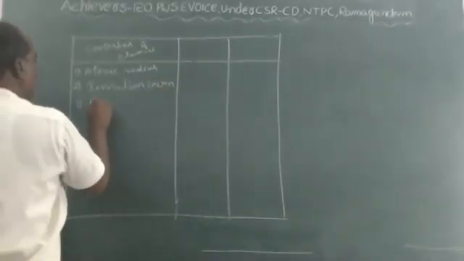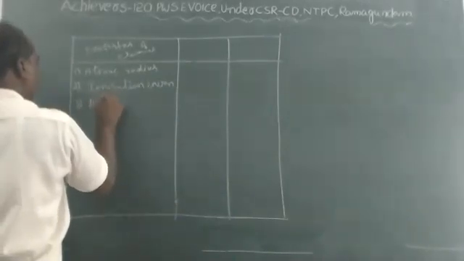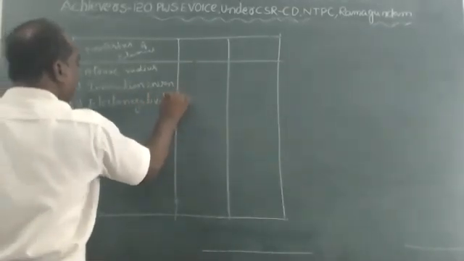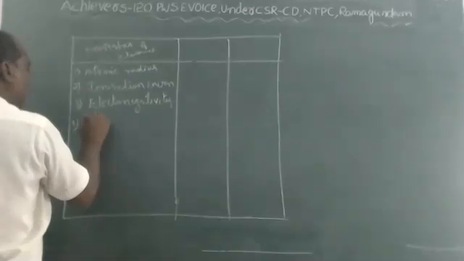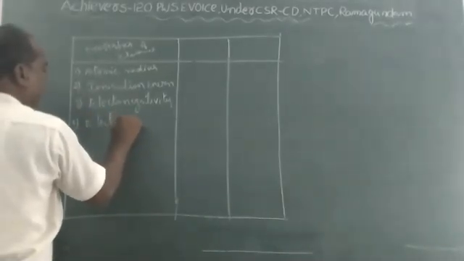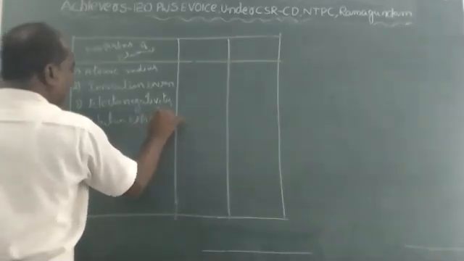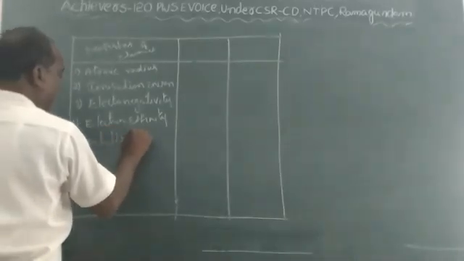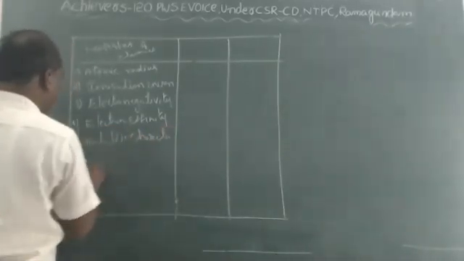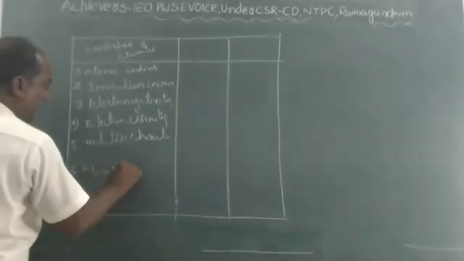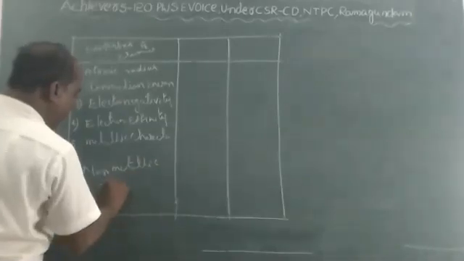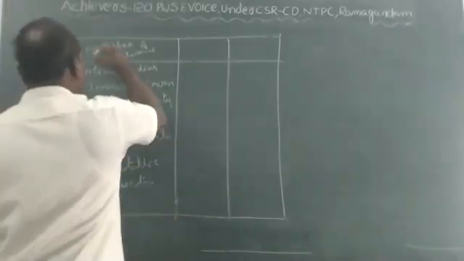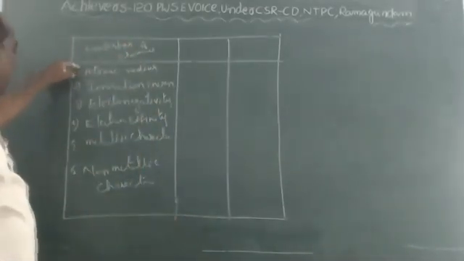Third one is electronegativity, and fourth one is electron affinity. Fifth one is metallic character. Sixth one is non-metallic character. And these are the main important properties, children. These are the most important.